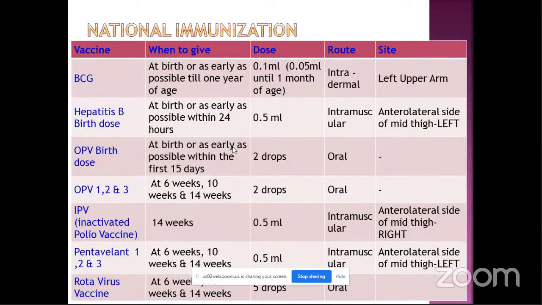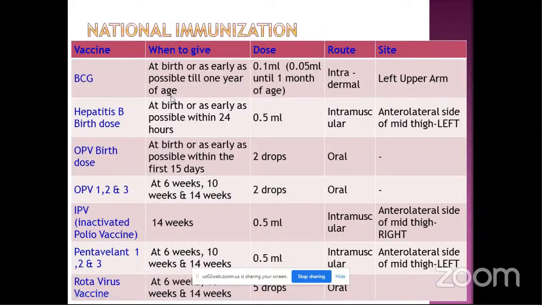Let's move on to the national immunization schedule. This you have to commit to memory, no other way. At birth, we give BCG, hepatitis B, and the OPV birth dose. BCG has to be given at birth or as early as possible up to 1 year of age.